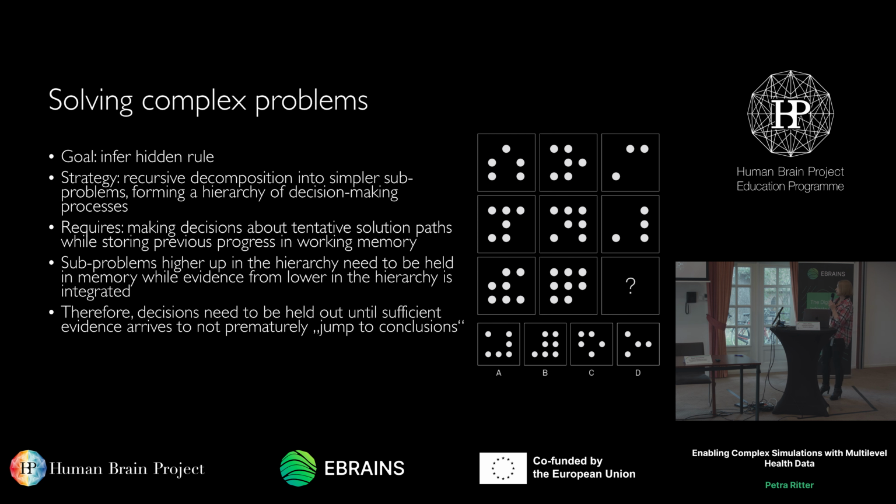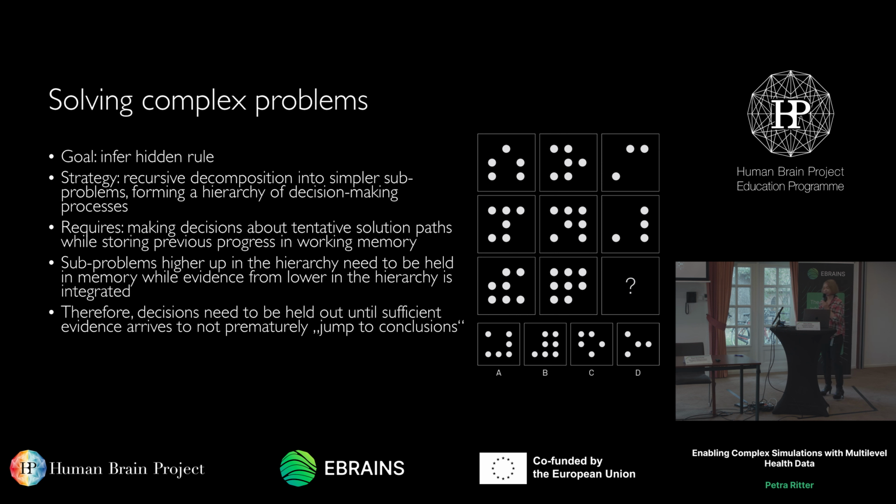And what does it mean? What exactly is happening in our brain if we have to solve such complex problems by reasoning and deep thinking? We have to split the big problem into many small problems. Yeah? And then we solve each small problem, and then we have to keep the results of the small problems in our working memory and integrate them in order to solve the bigger problem.